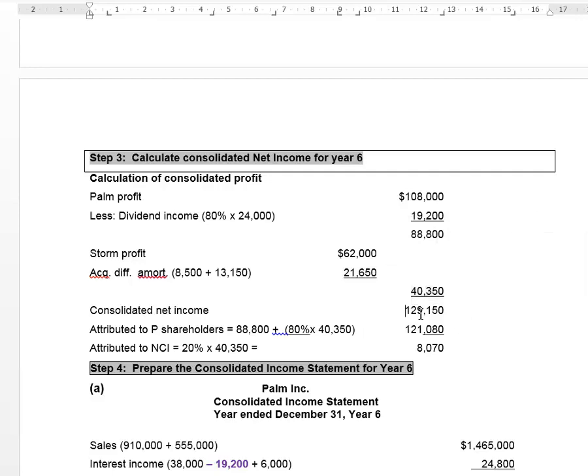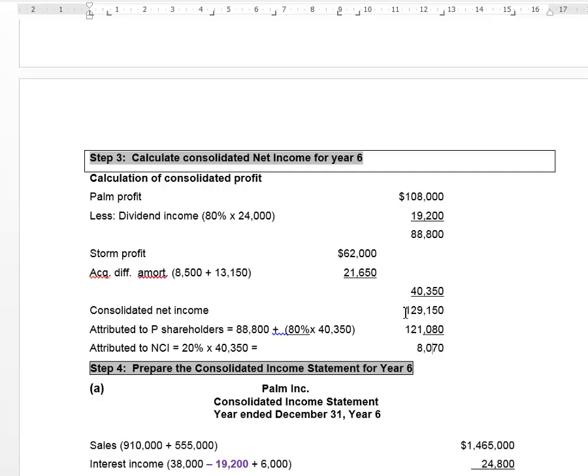So our consolidated net income would be the adjusted income of the parent plus the adjusted income of the sub, and that gives us 129,150. So we can calculate the attribution to P shareholders and NCI to allocate that income in one of two ways. The easiest way to do it would be to allocate the sub's adjusted income to NCI first, because the NCI shareholders are shareholders in the sub, and get 8,070.